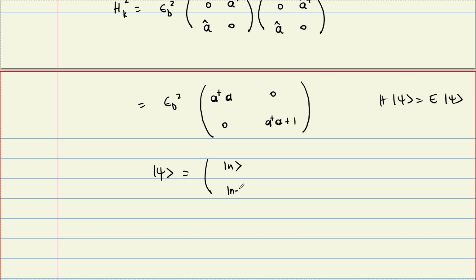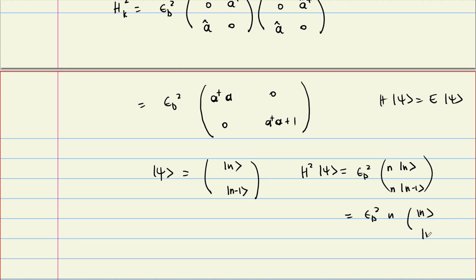Let me try N minus 1, and if you plug this in, H squared psi is going to give us E_D squared. So N will act here, and it is going to be N, and this one is going to be N minus 1 plus 1, which is N minus 1, and this is going to be E_D squared N minus 1, right?